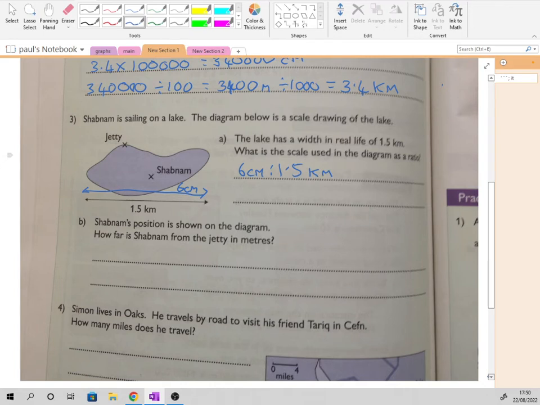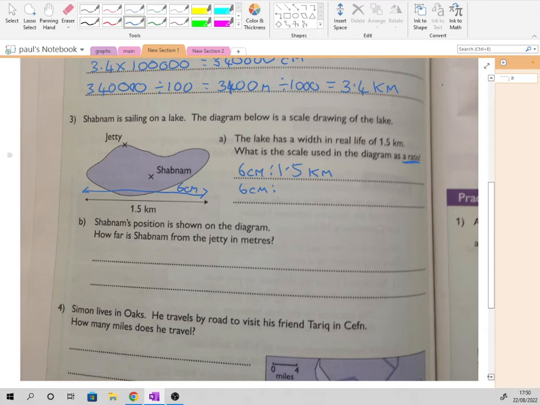Oh, as a ratio. So we need to simplify this, don't we? So let's do 6 centimeters. Change that to centimeters by multiplying by 1,000 and then 100.